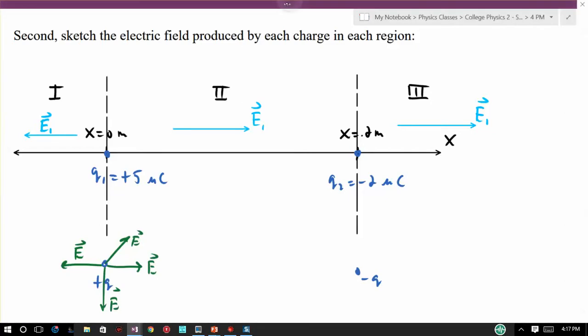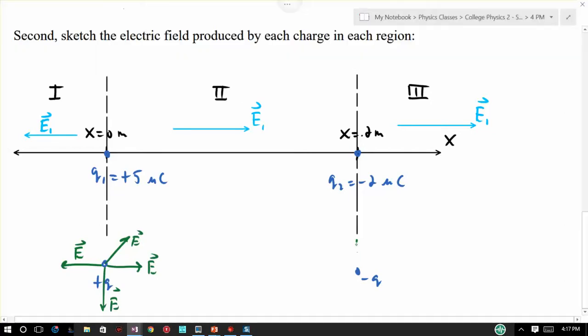So I'm going to draw a few vectors like I drew before. It goes this way towards it. It goes this way towards it. But specifically, to the left of it, it goes like this. To the right of it, it goes like that, towards it.